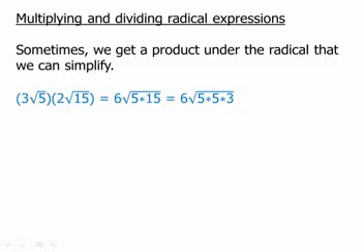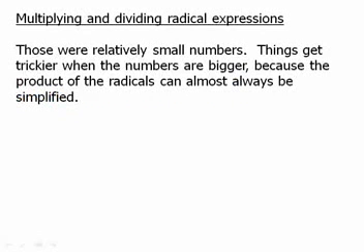In fact, the square root of 5 times 5 would just be 5. So I get 6 times 5 times square root of 3, which is 30 root 3. Those are relatively small numbers. Things get trickier when the numbers are bigger because the product of radicals can almost always be simplified.